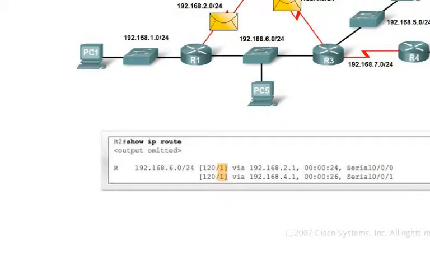So load balancing means that in some cases you may have to maintain more than one route to the same destination, and then you have some procedure to divide your packets across these potential routes to reach the final destination. And that's how you represent that in the routing table.